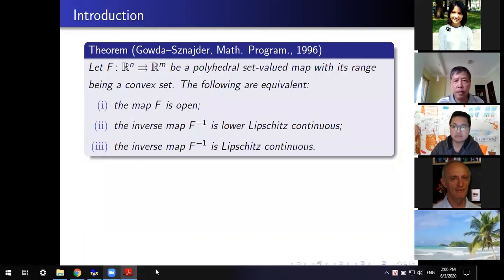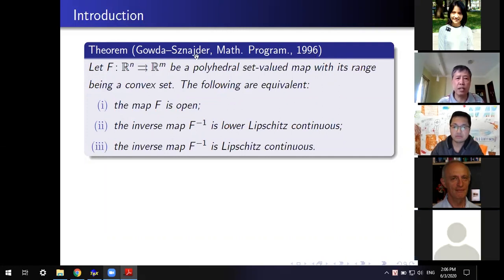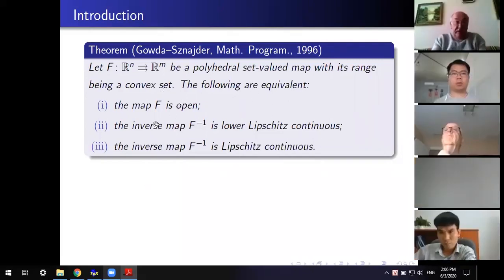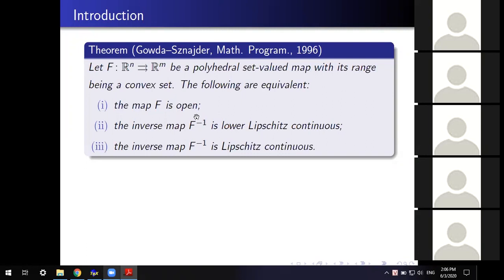On the other hand, in 1996, Robinson proved the following theorem. Suppose that F is a polyhedral set-valued map such that the range of F is a convex set. Then the following are equivalent. The first, F is open, that means F maps open sets into open sets.